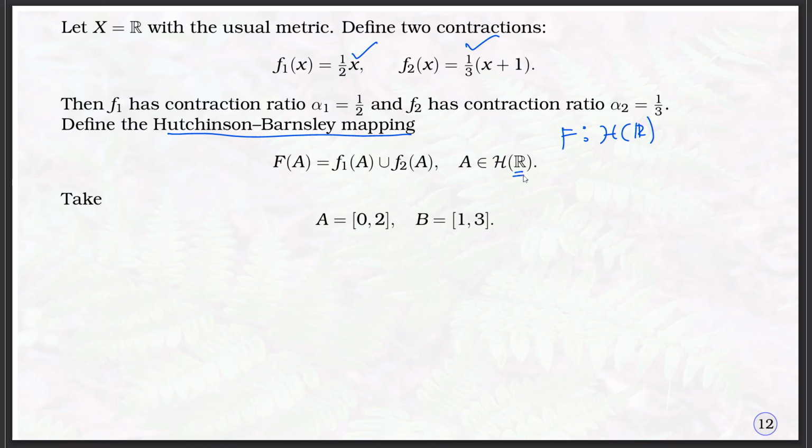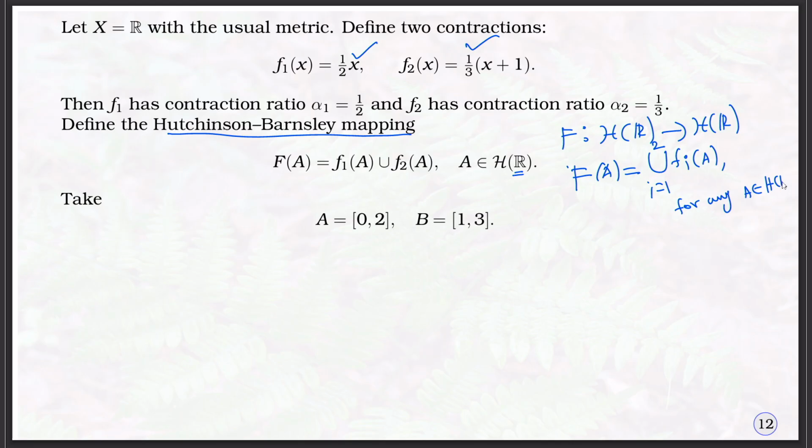Our complete metric space is R. So, F from h of R to h of R we can define as the union of f1 and f2. Simply, I can write it as the union of i equal to 1 to 2 of fi of A, for any A belongs to h of R.